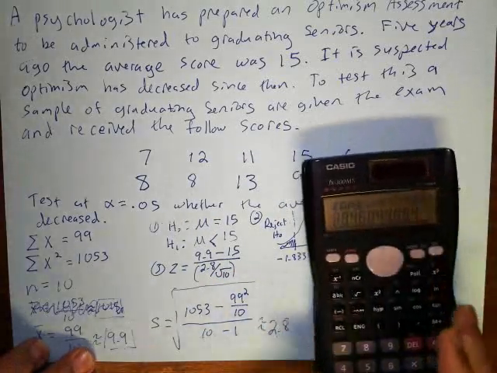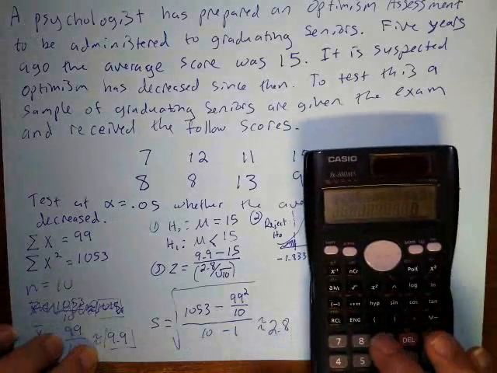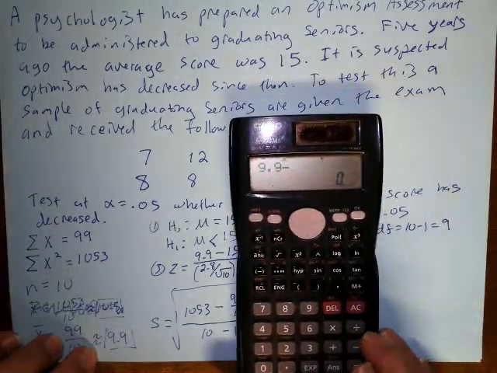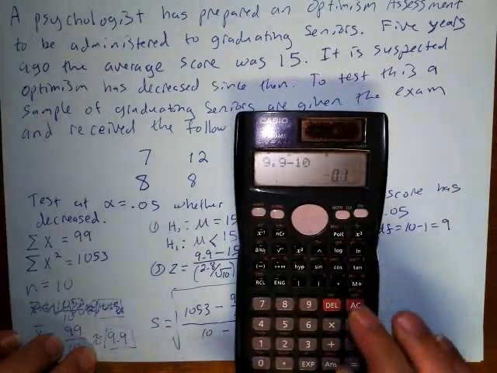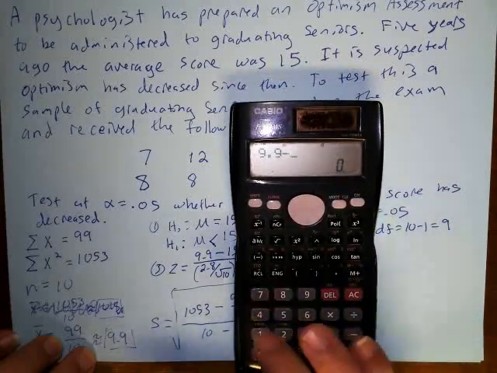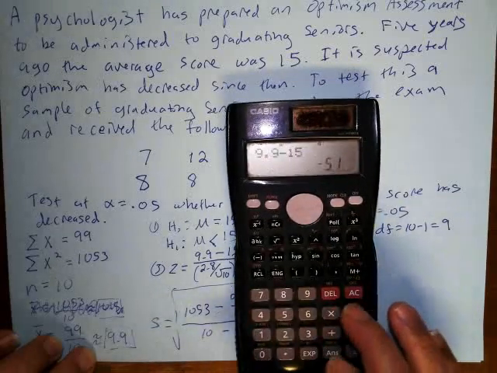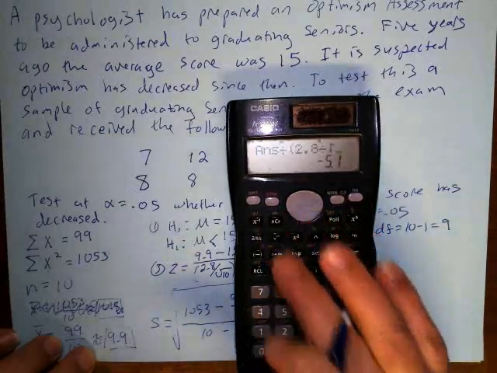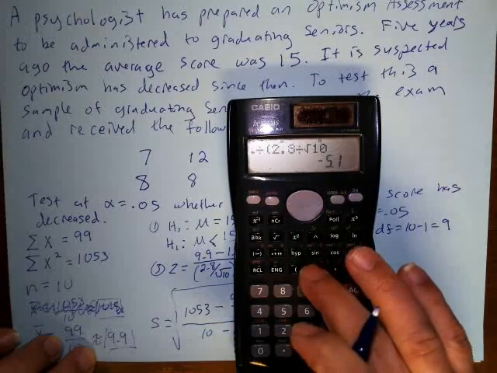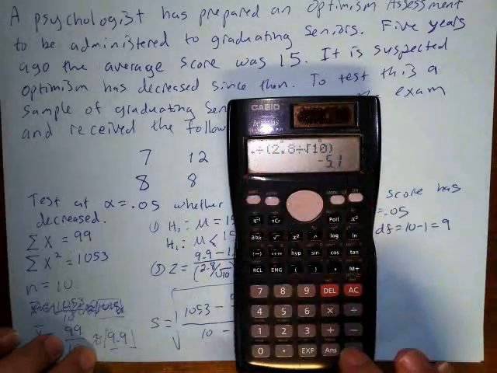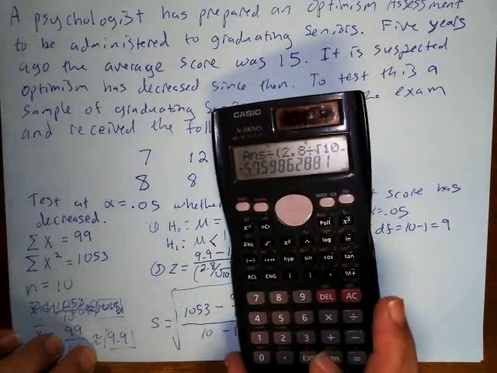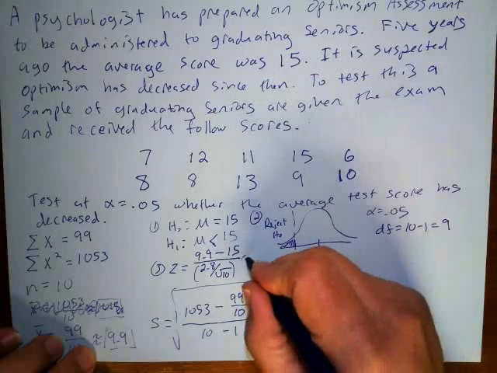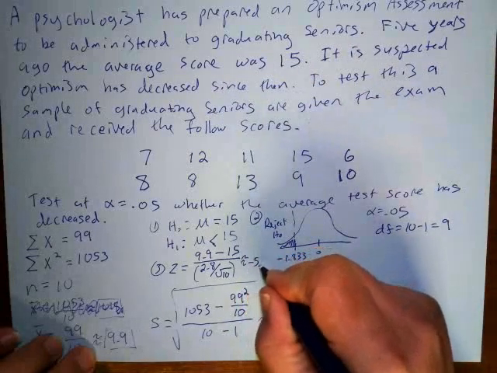So 9.9 minus 15, and then I'm going to divide this by 2.8 divided by the square root of 10. All that's in parentheses. Hit equals, and look what I get: negative 5.76. So this is approximately negative 5.76.